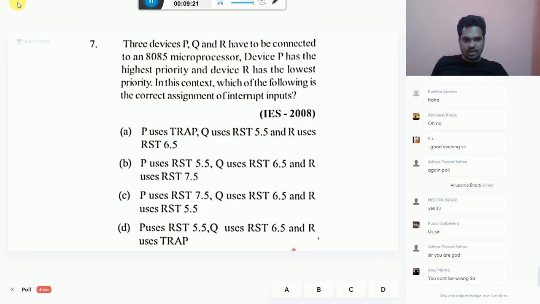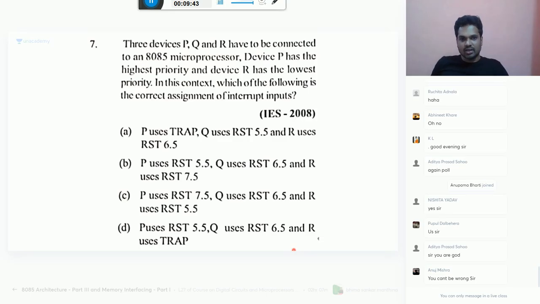Because TRAP is there, some people chose option A, which is wrong. You can see the leaderboard. I think most of you might get 4 by 4, but because of that one wrong answer, you might get 3 by 4.